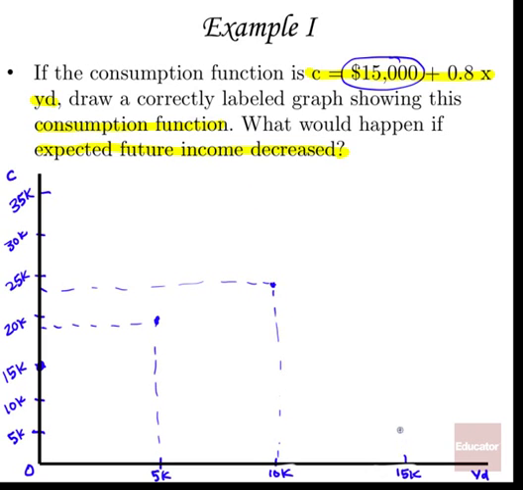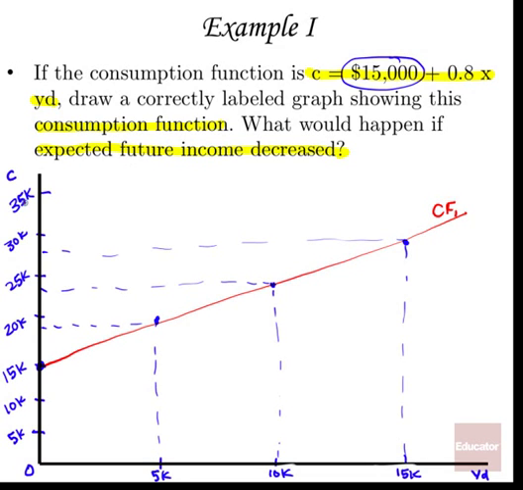And if you make $15,000, 80% of 15,000 would be 12,000 plus 15,000, 27,000. So your consumption function would look a little like this. This would be CF1 here.